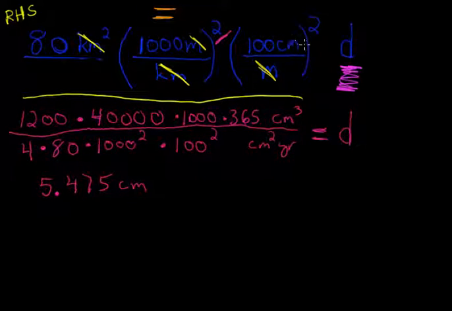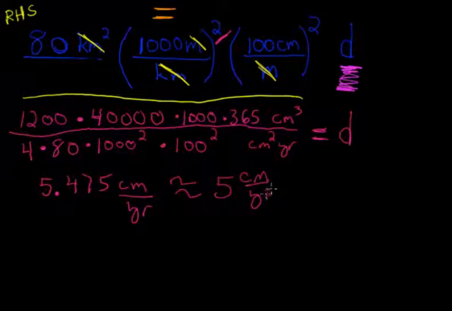The centimeters squared came from here, and the per year was left. Centimeters per year. Now, the book says it wants one significant figure, and that's actually coming from the fact that we're doing multiplications, and the 80 square kilometers is only measured to 1 sig fig. So that's why they're reminding you to do 1 sig fig. So that's 5 centimeters per year.